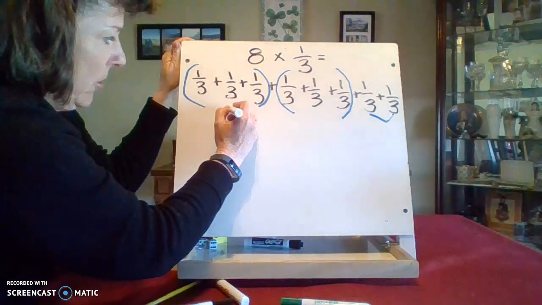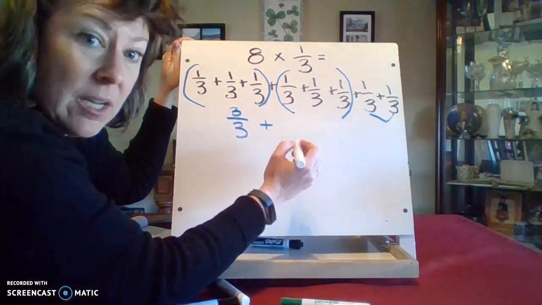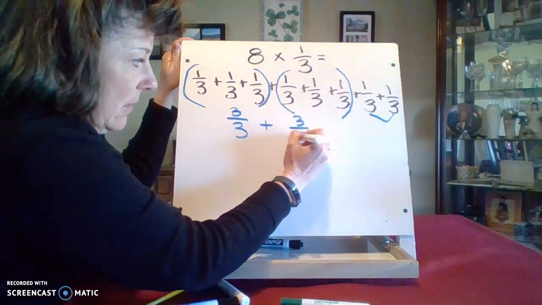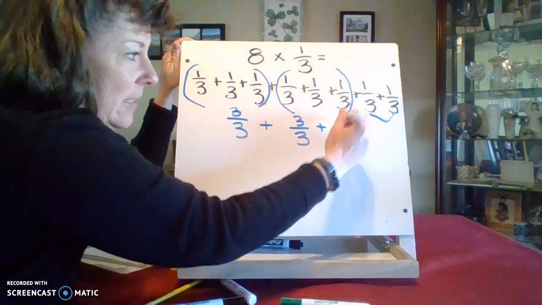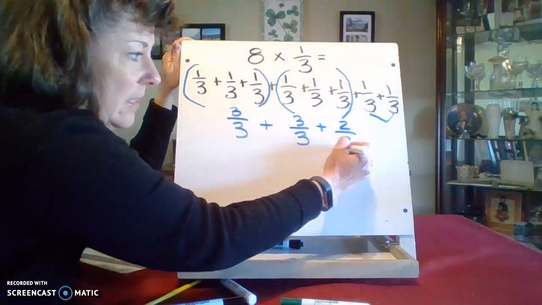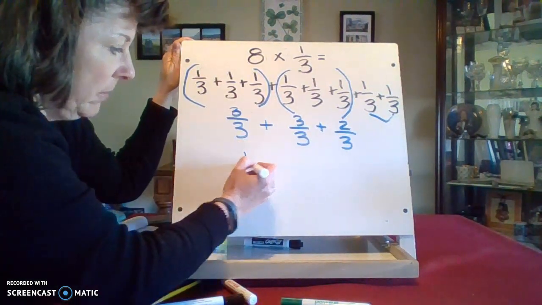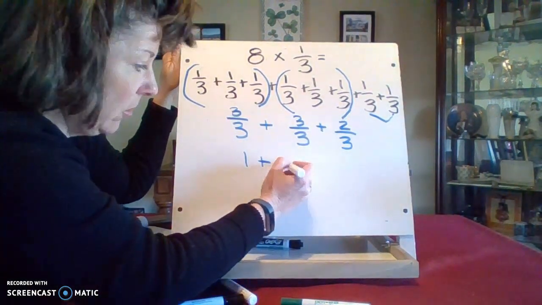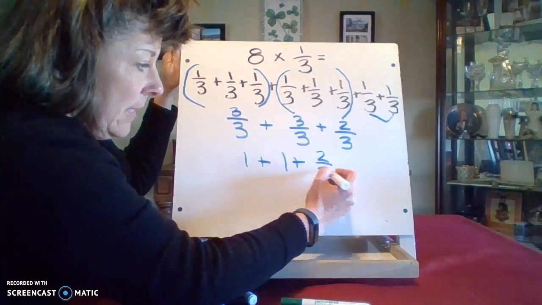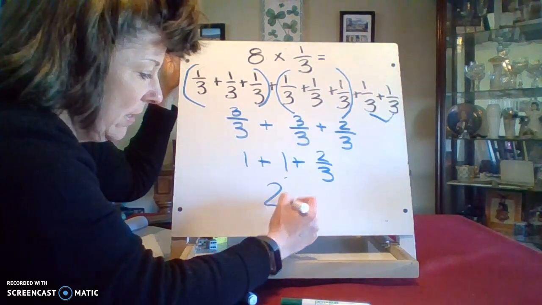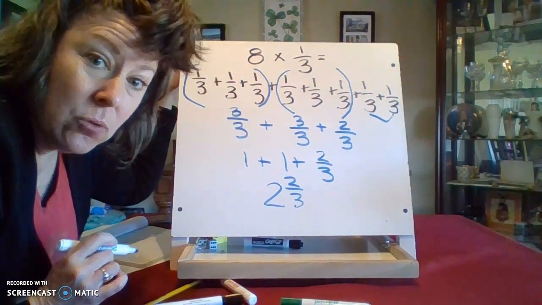So here's 3/3 plus another 3/3 plus 2/3. One whole plus another whole plus the extra 2/3. And it gives me a final answer of 2 and 2/3.